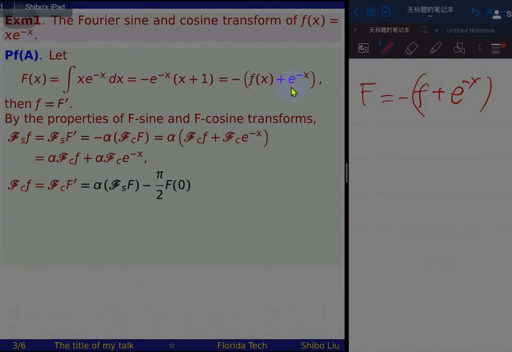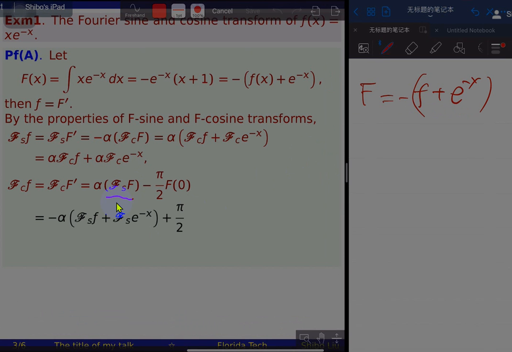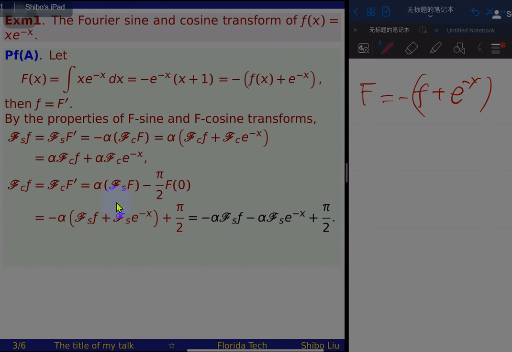But f(0) is minus 1, and capital F, as we said, is minus small f plus exponential. So this is the Fourier sine applied to small f plus the Fourier sine applied to the exponential, and that is the result.